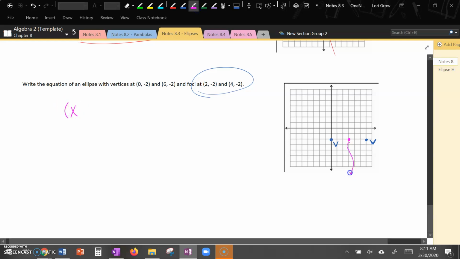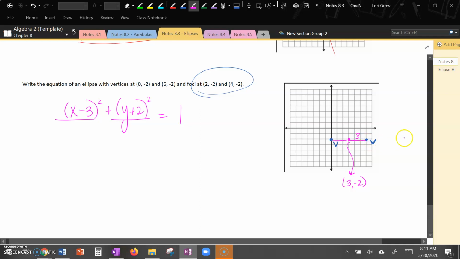x minus, let's see, this value here is 3, -2. So x minus 3 squared, y plus 2 squared equals 1. Remember that this is the major axis, the one that has the vertices on it. I know that the value from the center to the vertex is 3.